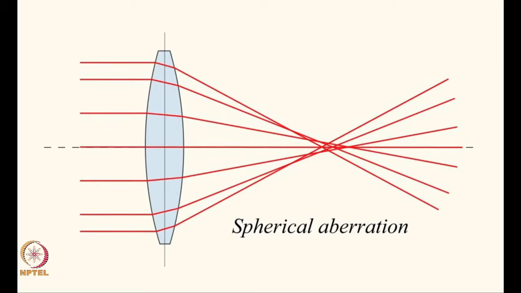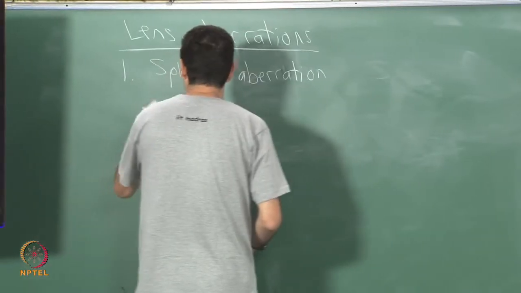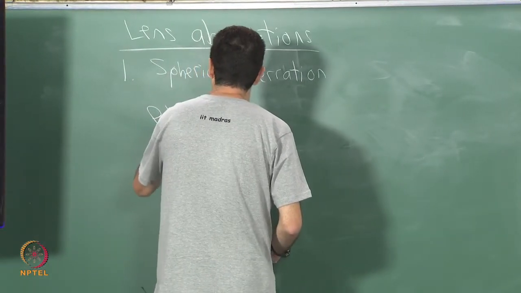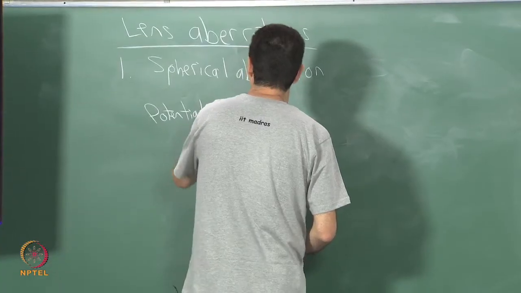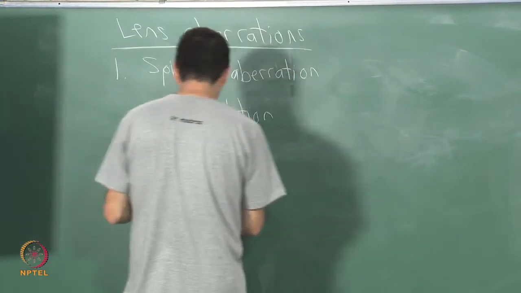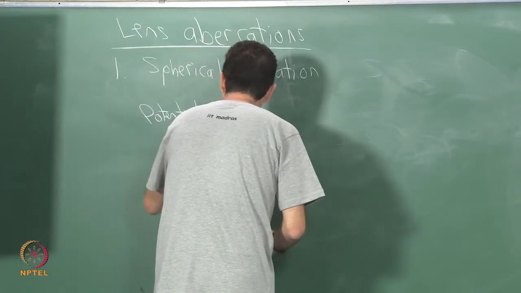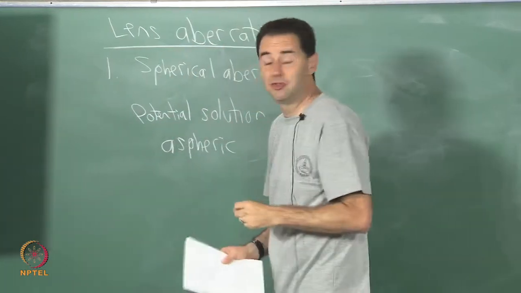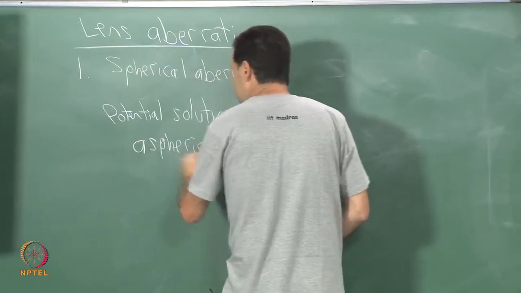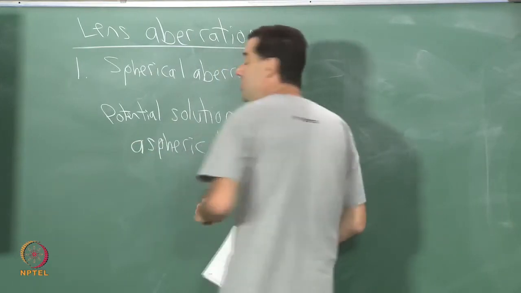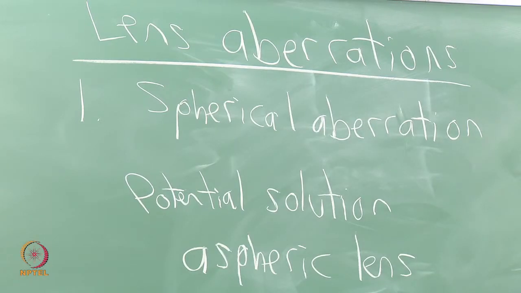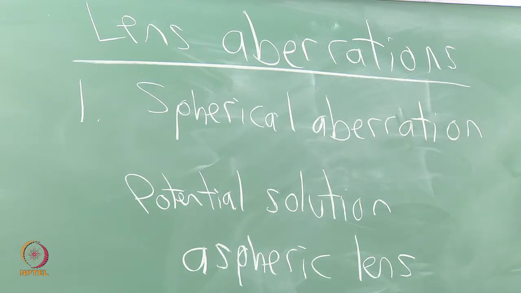There is a potential solution. You can make what are called aspheric lenses, right? If the sphere is a problem, use something else. So if you look for the word aspheric and lens, you can find all kinds of engineering literature and research literature on that.